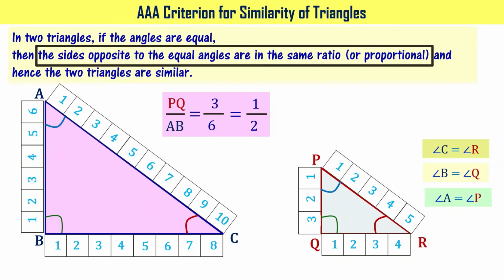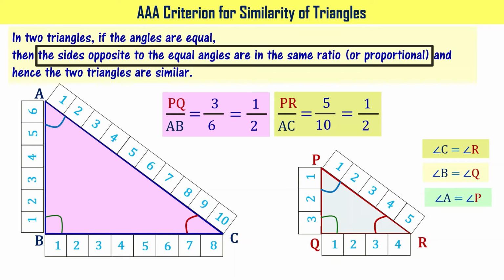Now let me go to other pair of equal angles, that is angle B and angle Q, right? For angle B, AC is opposite side and angle Q, PR is opposite side. If you take their ratio, PR by AC equal to 5 by 10, that is equal to half. The remaining pair of equal angles are angle A and angle P, right?